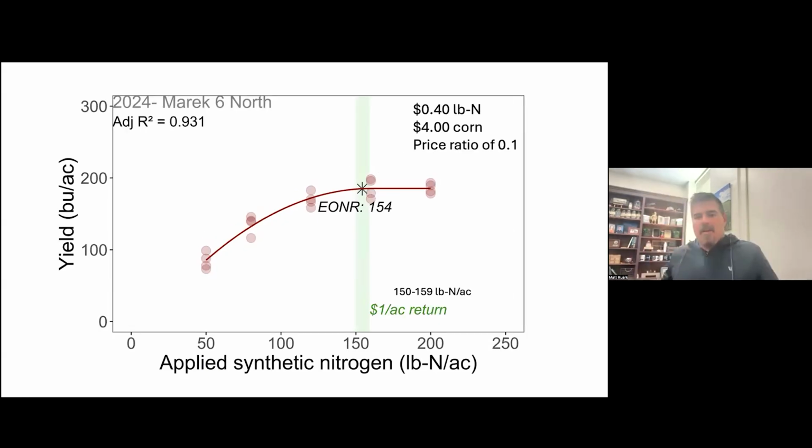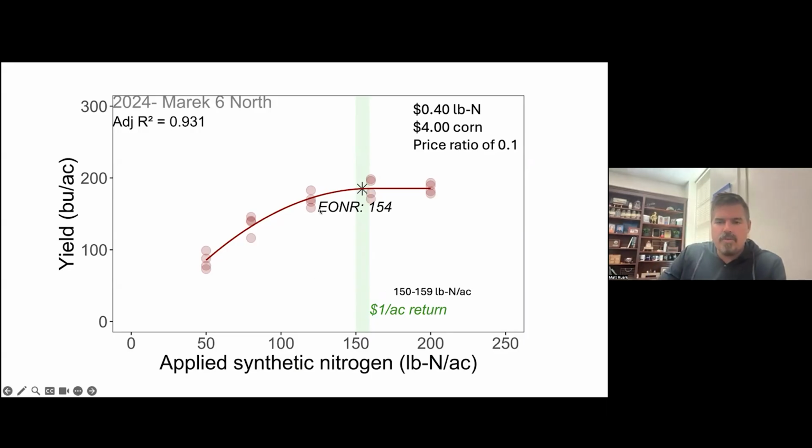But when we talk about this economic optimum nitrogen rate, if we say for this farmer the most profitable rate would have been 154 pounds of nitrogen, there's a range of values there, right? It's not like if you applied 1 pound more or 2 pounds less, you lost a ton of money. So we often use this idea of, what's the range in that optimum rate to manage within about $1 per acre net return?